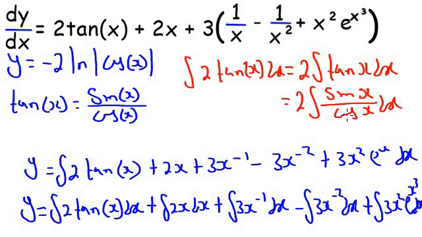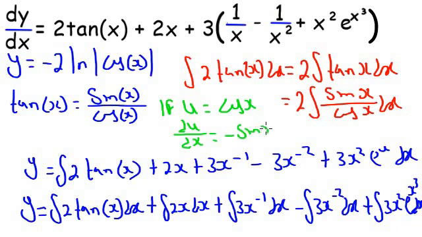So what I would like to do right now is to make use of the u substitution. I will let u be equal to cosine x. So if u is equal to cosine x, then the derivative of u with respect to x will be equal to negative sine x. I hope you know that the derivative of cosine function is negative sine function.